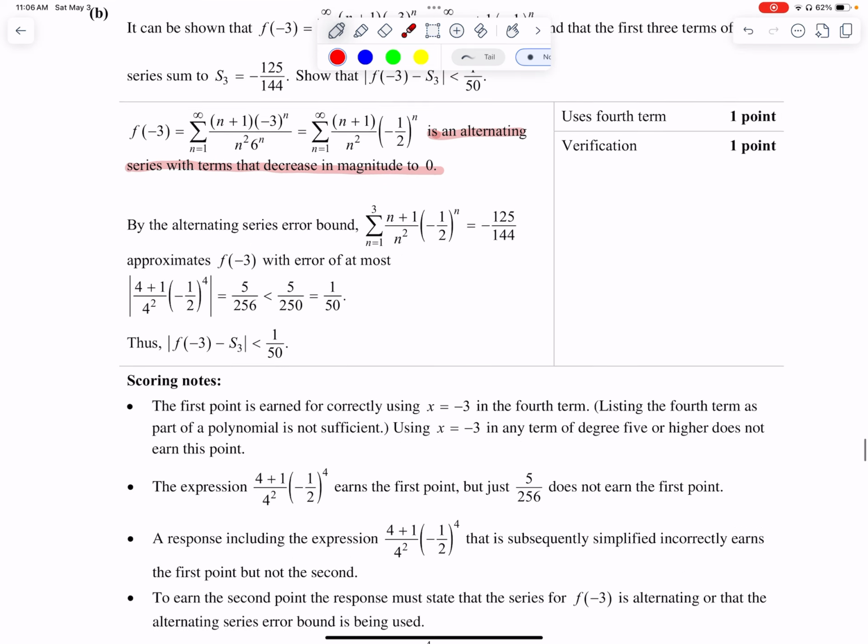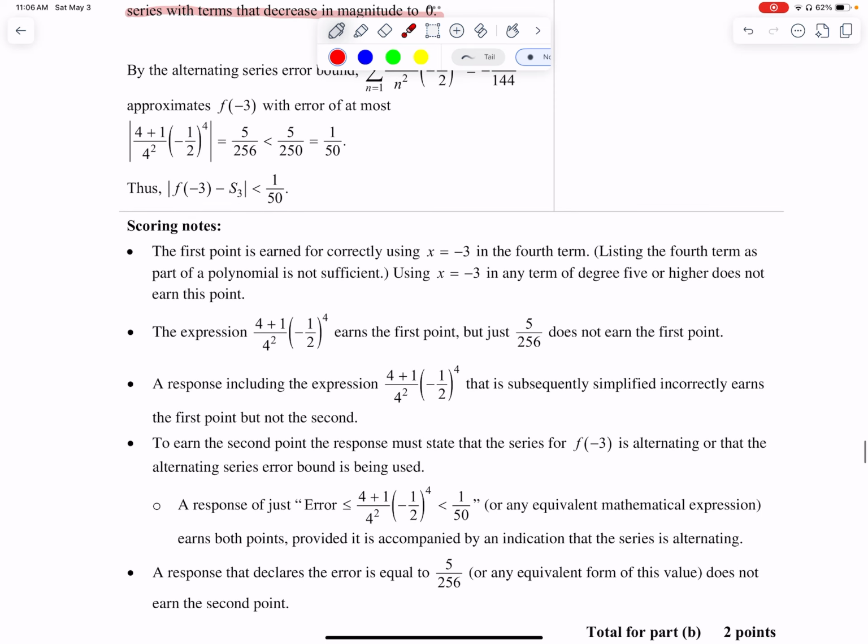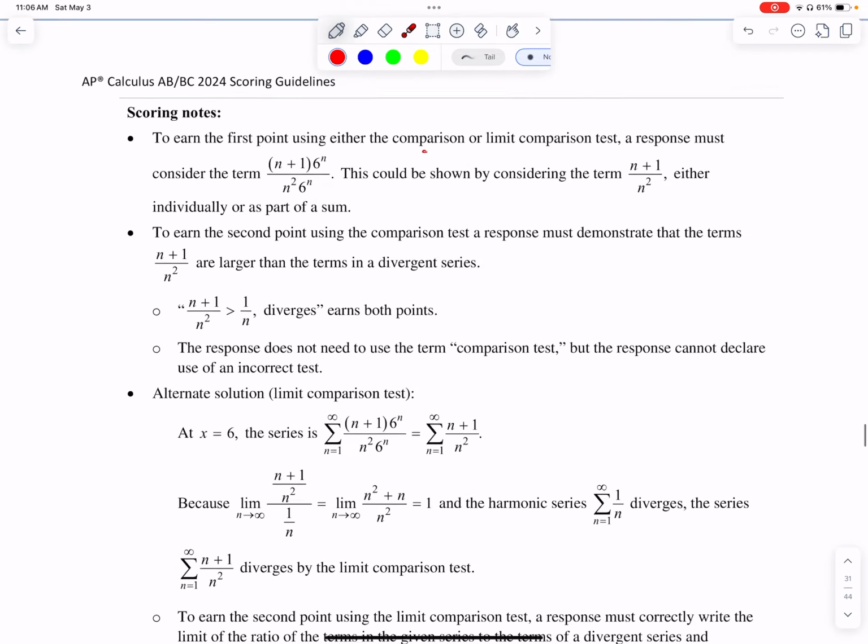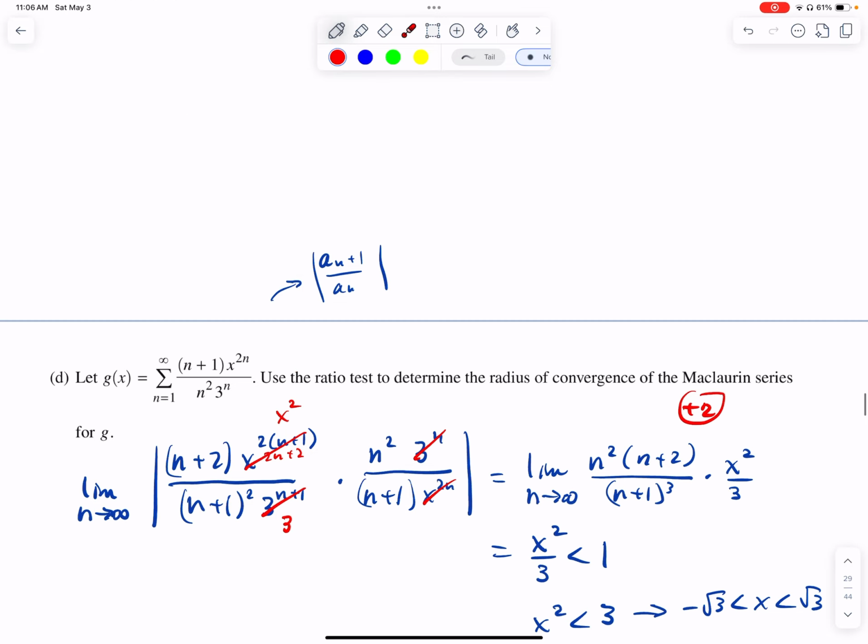You got to use the fourth one. Obviously, the expression earns the first point, but just 5 over 256 does not. In other words, they have to see a connection between your actual simplified answer and the work that it took to get it. I'm pretty sure that we had that. I'll double check that just to make sure.